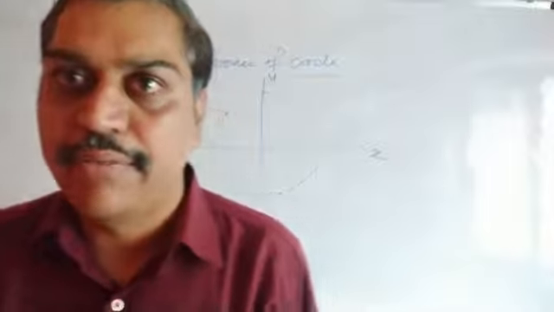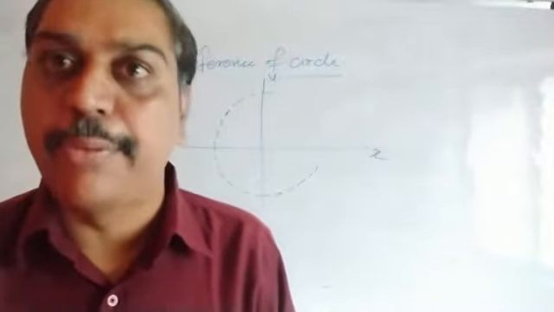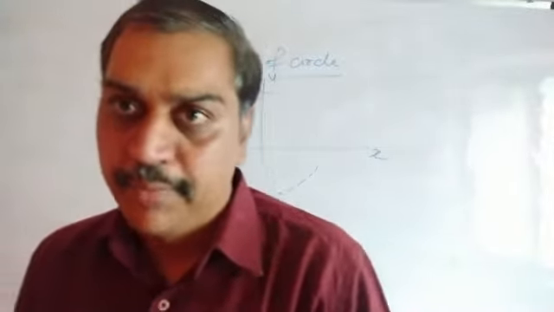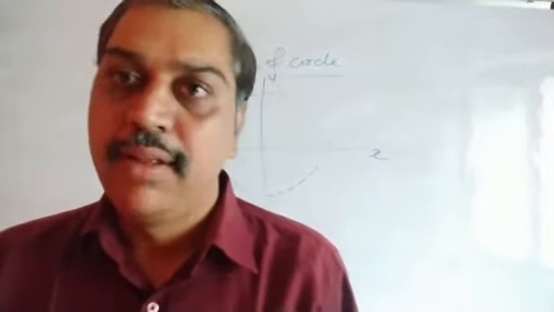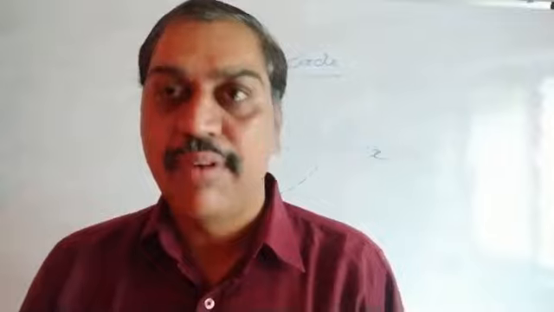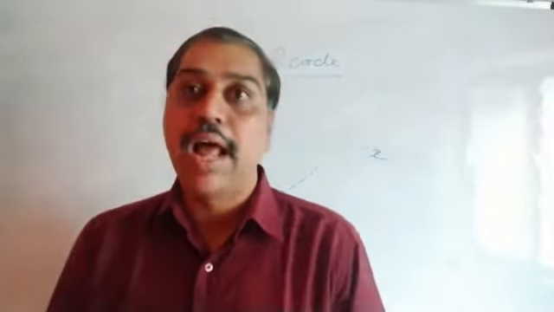Now let's start with the reference circle method mentioned in your book. What is this reference circle method? Remember, it's a little bit complicated to explain. But basically, they have taken this reference circle method to explain the projection of simple harmonic motion.